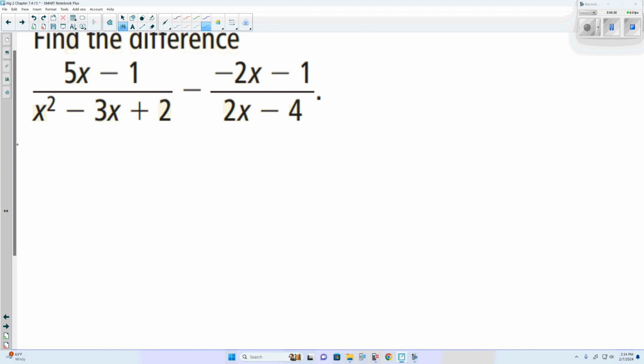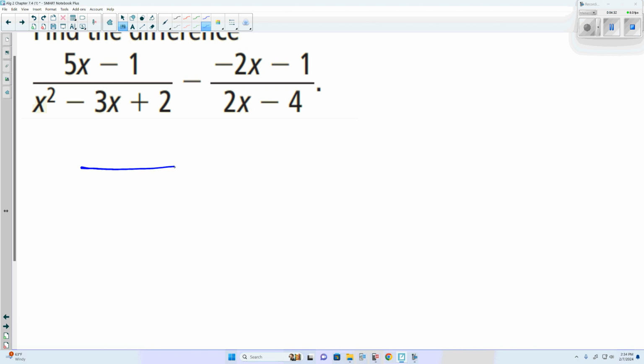Find the difference between these two here. So again, when finding the difference or sum of two rational expressions, the first thing we need to do is get the denominators to be the same.